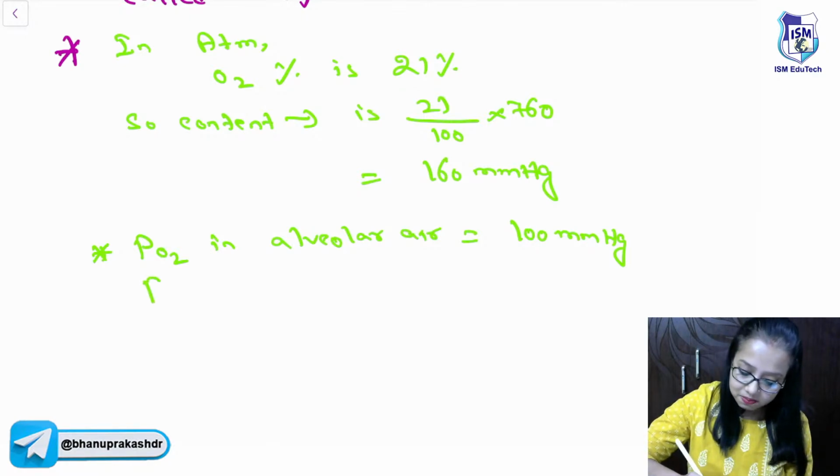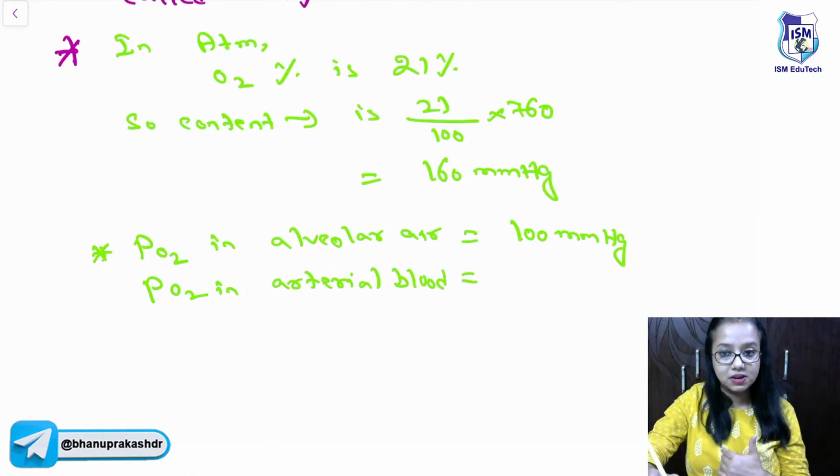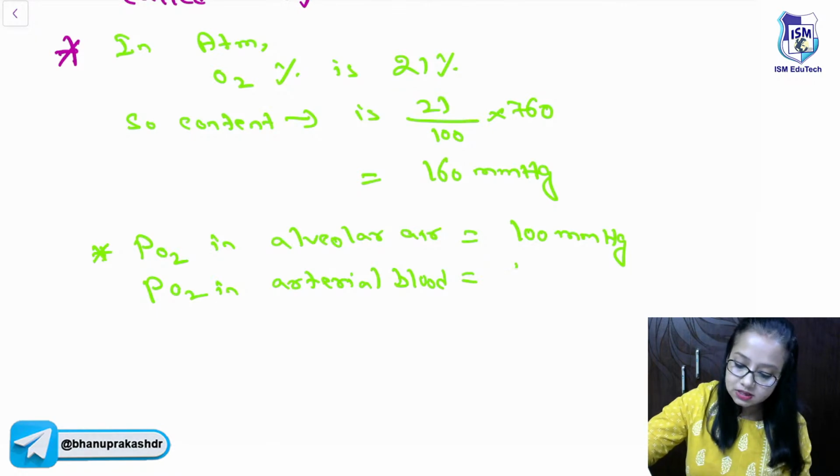Now, the partial pressure of oxygen in the arterial blood, after the gaseous exchange has taken place and the arteries have the freshly bound oxygen, drops by another 4 to 5. It's about 95 mmHg.